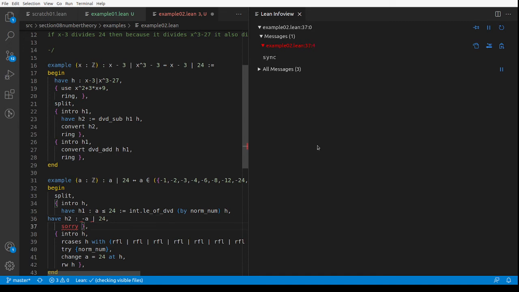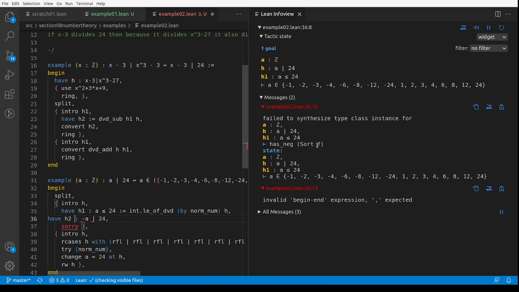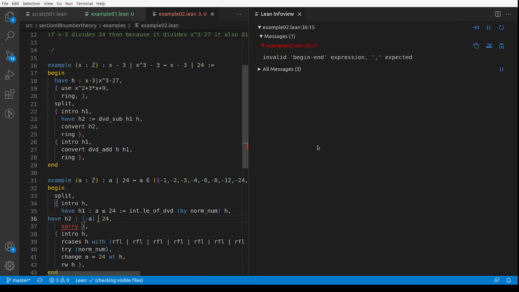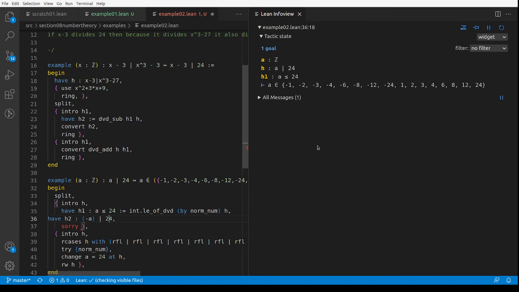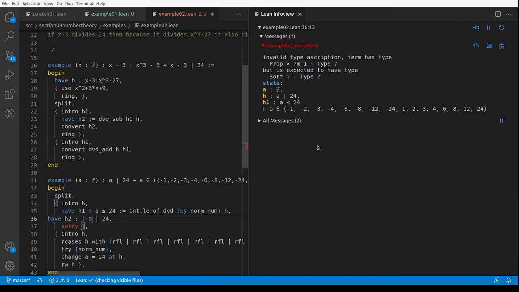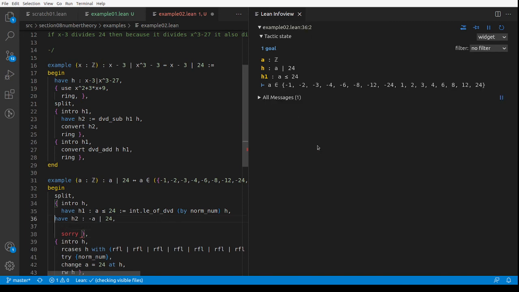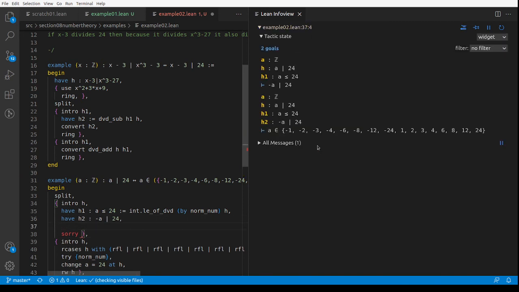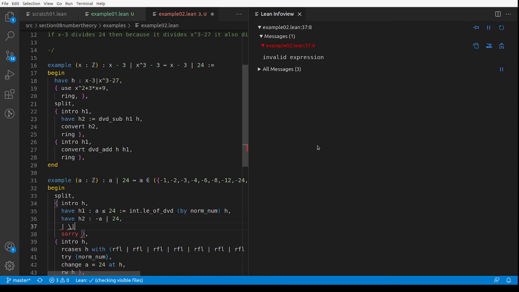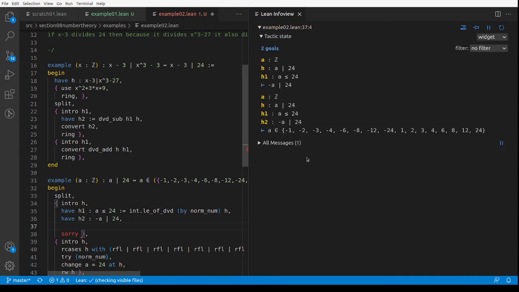It doesn't like it, so no, I need to put it in brackets. Oh, I did the wrong kind of divide. I probably didn't need to put it. Let's remove the brackets. Yeah, there you go. I put the divide that looks exactly like the other divide, but I put that instead of that. The identical version of that.